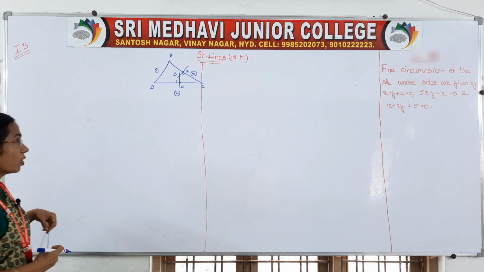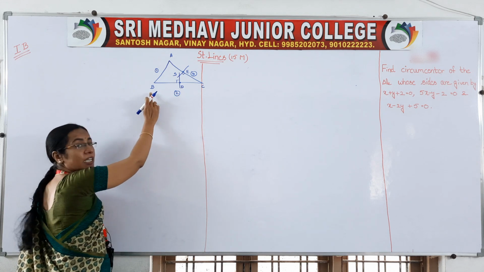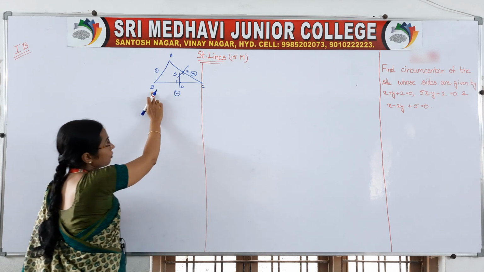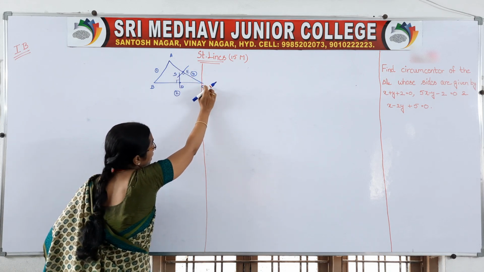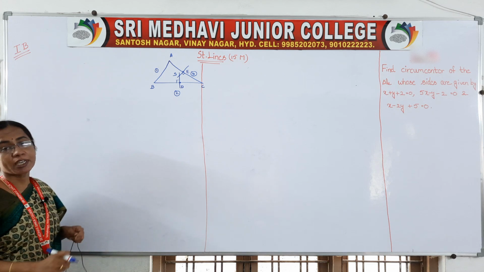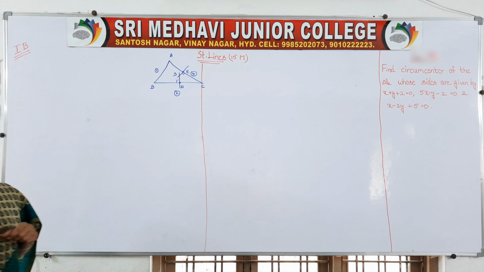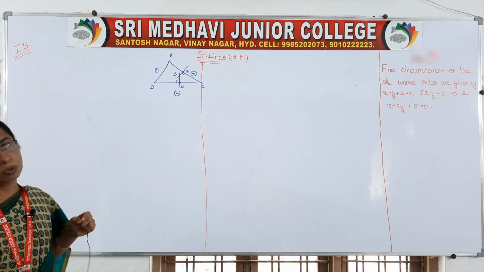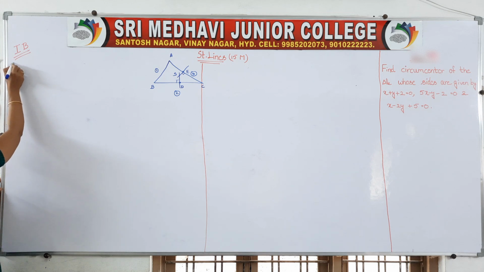The intersection of AB and BC gives your B point. The intersection of BC and AC gives your C point. How do we find the point of intersection of two lines? By the cross multiplication method. We have already been doing it for 2-3 days. So come on, we will solve the problem now.